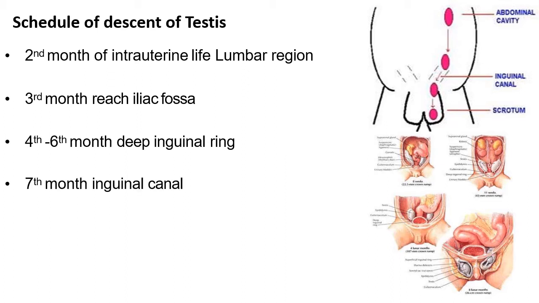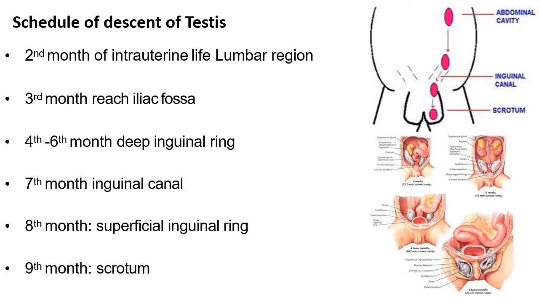By the seventh month, they enter into the inguinal canal. In the 8th month, they will reach the superficial inguinal ring, and at the time of birth, that is at the end of the 9th month of intrauterine life, the testis should be present in the scrotum.